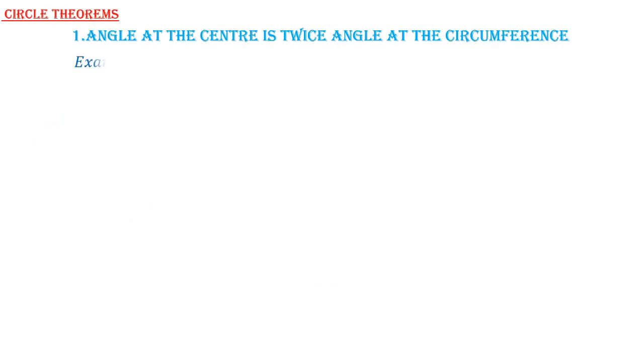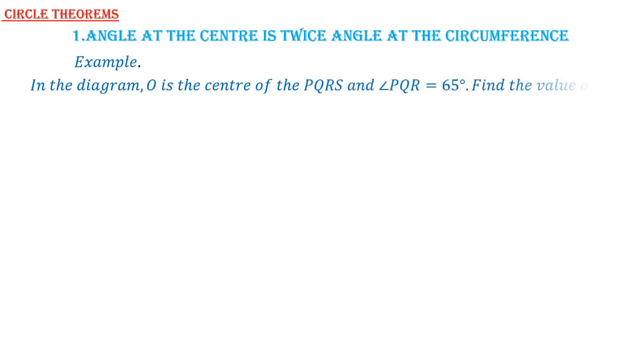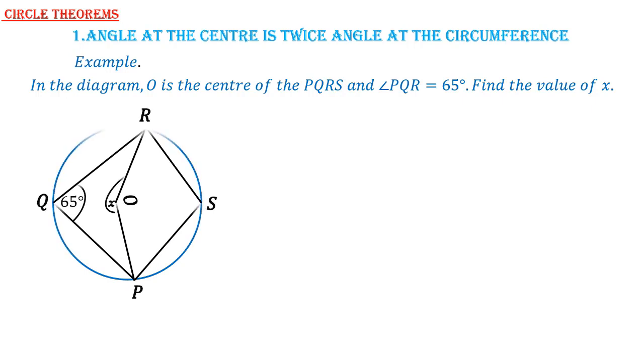Example, under the first theorem, angle at the center is twice the angle at the circumference. In the diagram, PQR, we said that is 65 degrees.